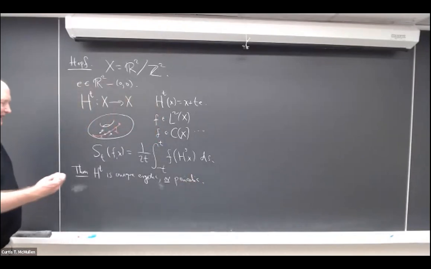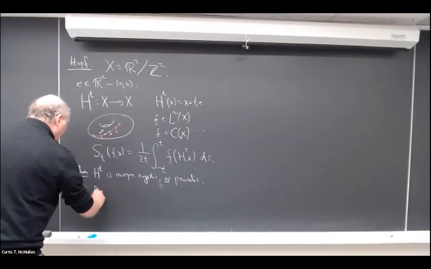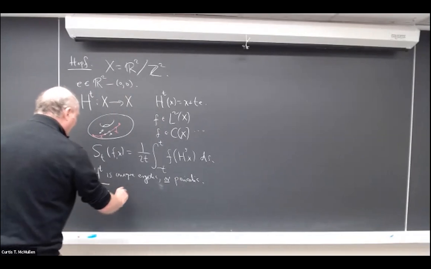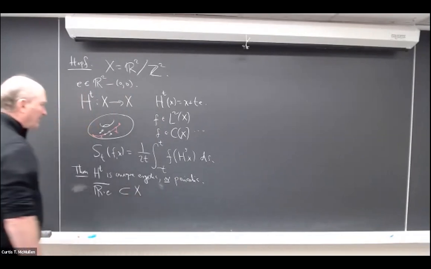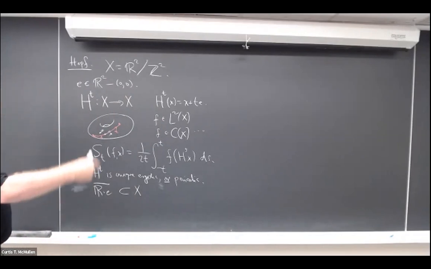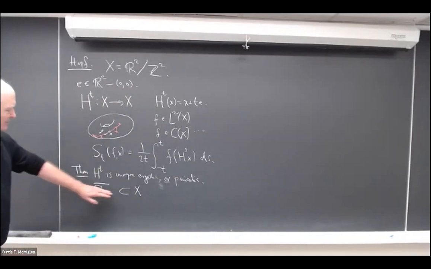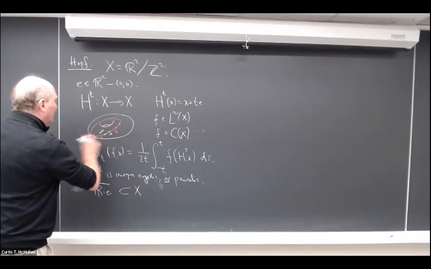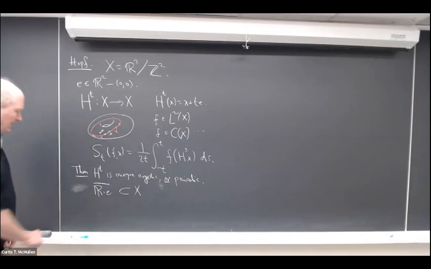In other words, if we look at the subgroup R·E, and we take its closure sitting inside of X, there are two possibilities. One is that this subgroup is equal to a circle. It's a copy of a circle inside of the torus, and that's because you're flowing at a rational angle and you eventually come back to where you started.